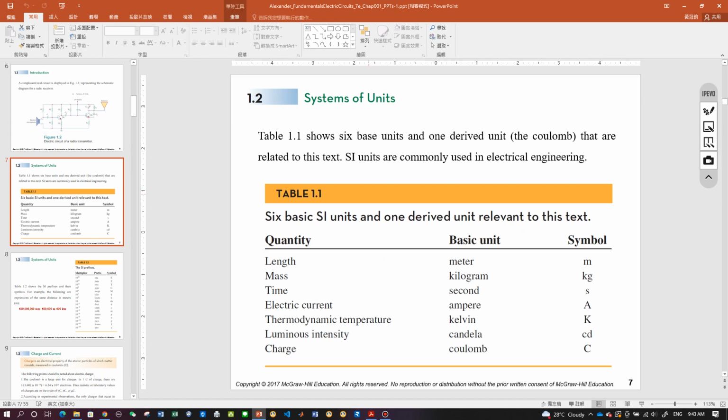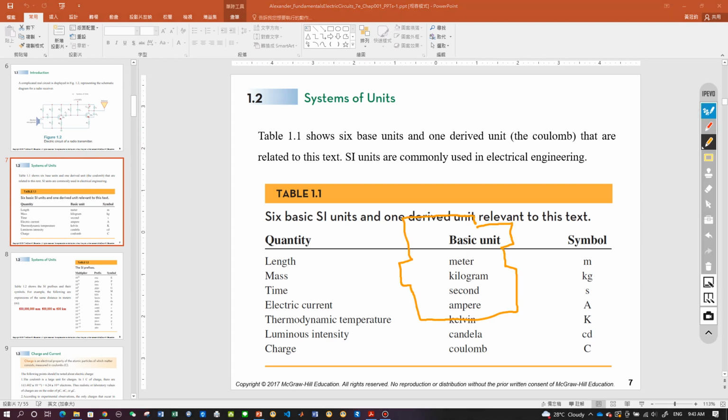Here, this is the system of units. I think this is even junior high school, 国中就应该会: length, mass, time. This is very basic. Length, mass, time, electric current, thermal temperature. For example meter, kilogram, second, and also coulomb.